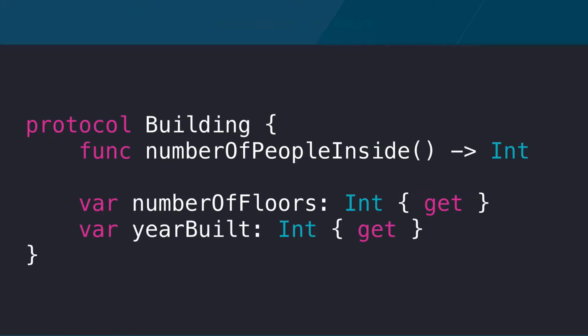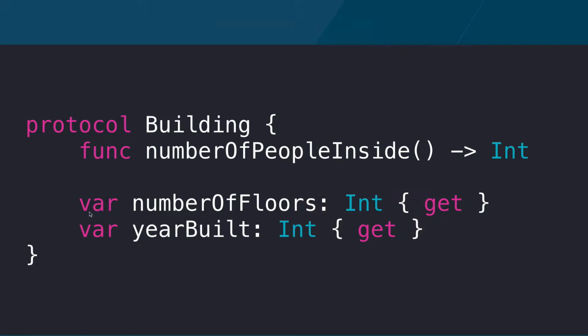So here is a basic protocol. First of all, we're going to have it be called Building. And it's going to have a couple things. Just like the UITableViewDataSource protocol, it's going to have a function that is going to be the number of people inside, and it's going to return that number of people as an Int.